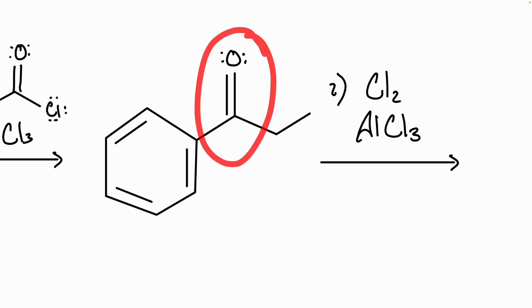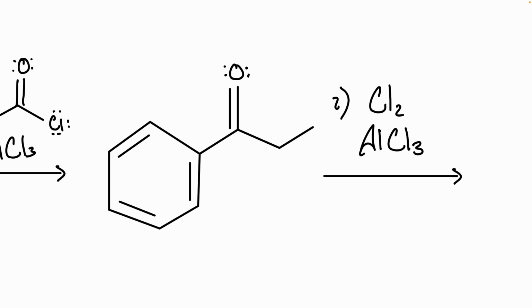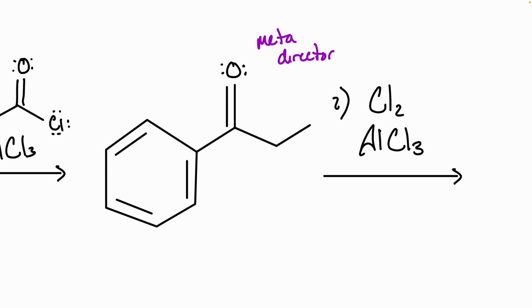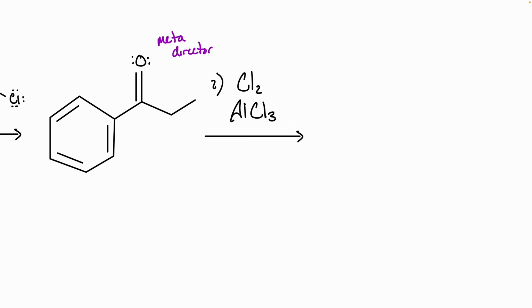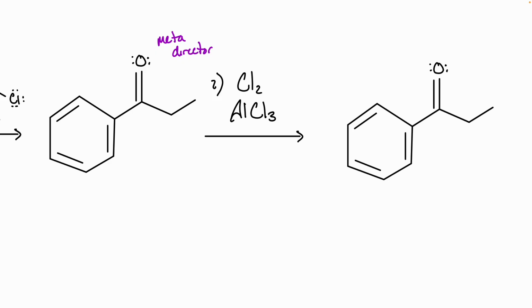And this, with its carbonyl group bonded to the ring, is which one? Meta. This is a meta-director. So I'm going to be adding a chlorine, or rather substituting out a hydrogen for a chlorine, but specifically in that meta position.